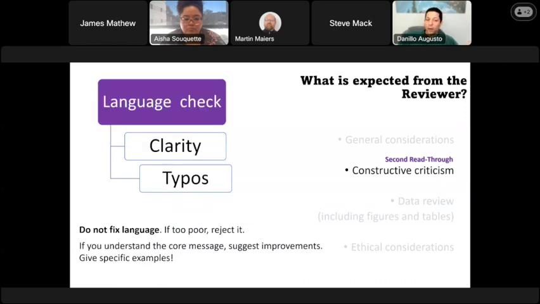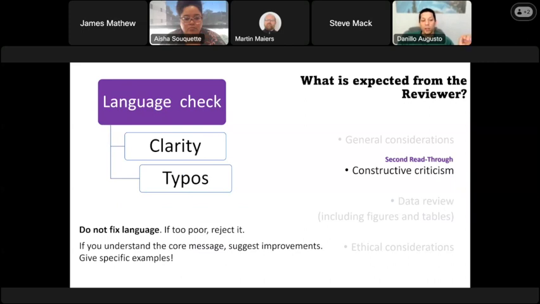Next, we also have what we call a language check. If you spot some specific error, you can mention, say, there's an error in this table, I don't really understand, maybe it's just a typo, or maybe some sentences are unclear. But what we ask here is that as a reviewer, you do not try to fix language.